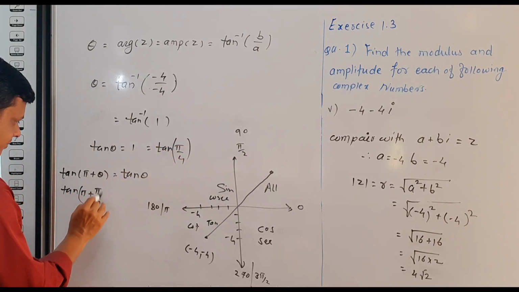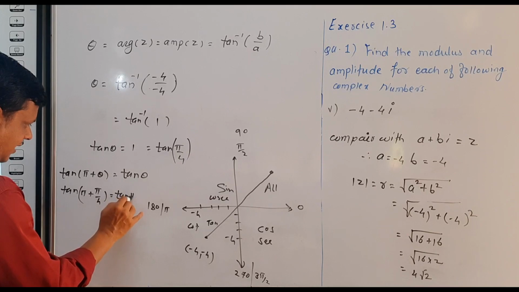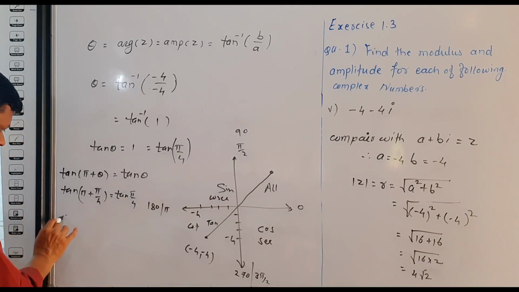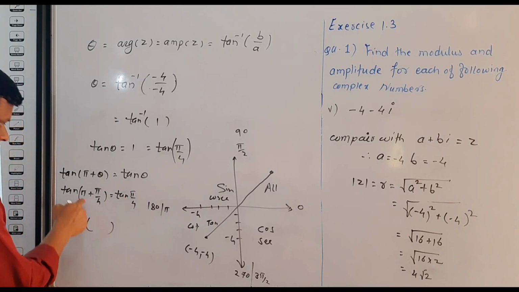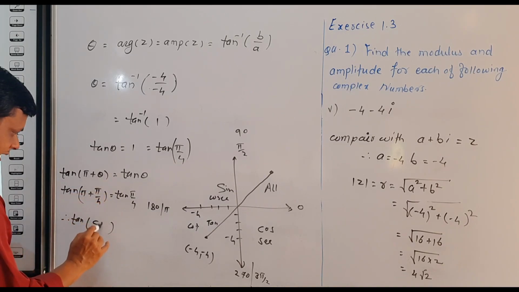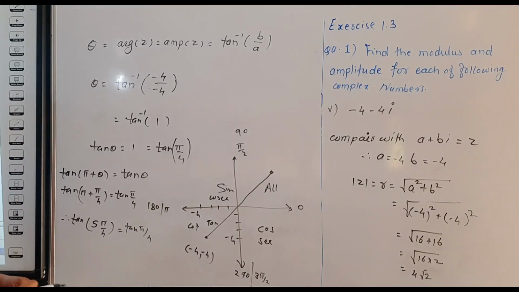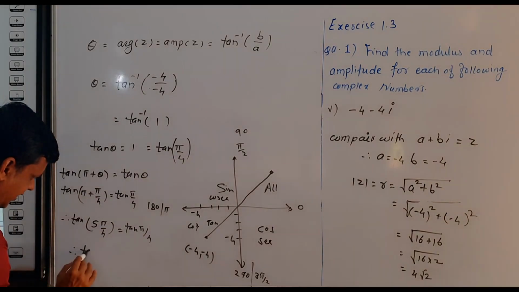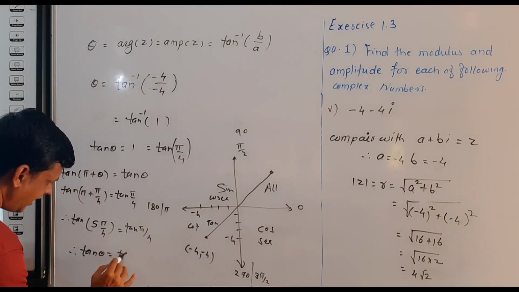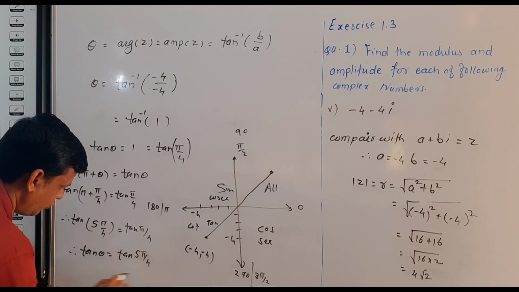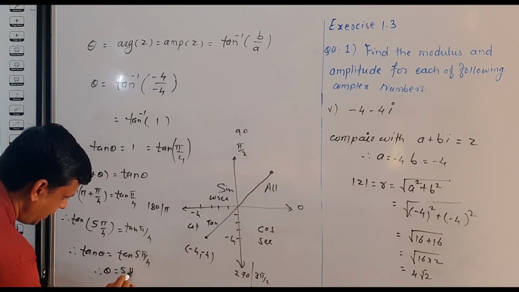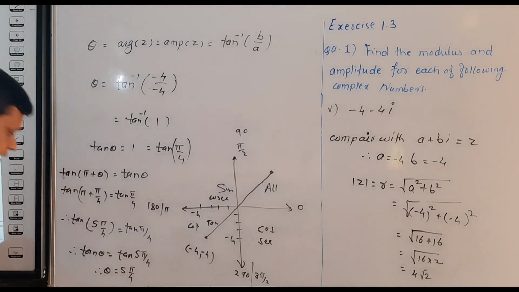So tan pi plus pi by 4, that is 5 pi by 4, is equal to tan pi by 4. So instead of writing tan pi by 4, we write tan 5 pi by 4. So we write here tan theta is equal to tan 5 pi by 4. Therefore theta is equal to 5 pi by 4 is the required answer.